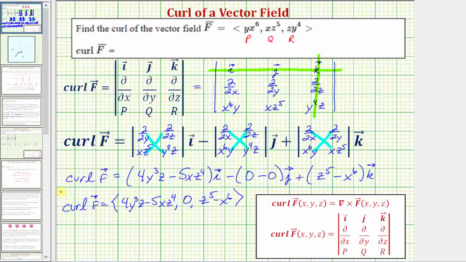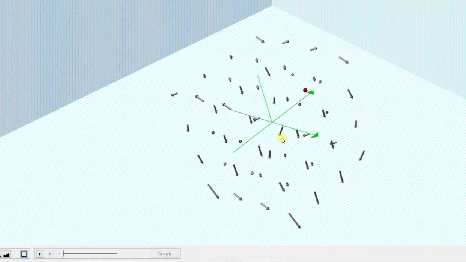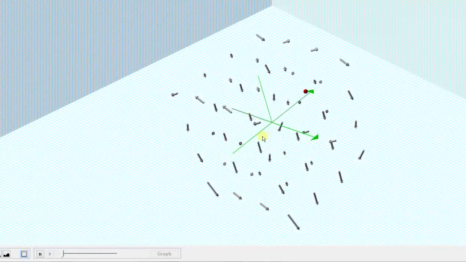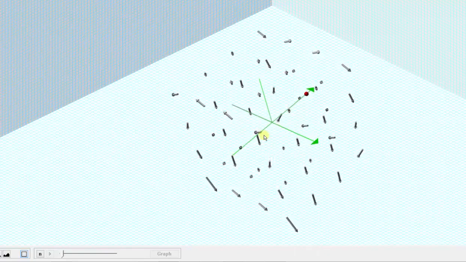Now let's take a look at the vector field F and the curl of vector field F graphically. Notice how both F and the curl of F are vector fields. So here's the graph of the vector field F. We can think of this as a velocity field where these vectors represent the velocity of a windstorm or a fluid flow.